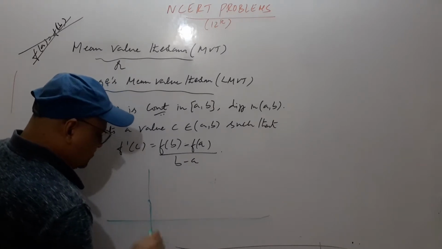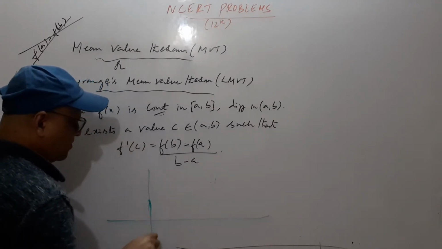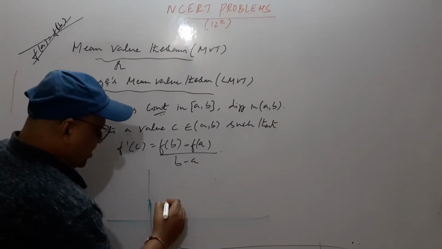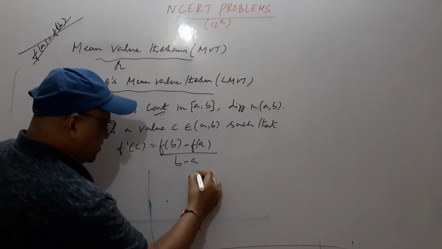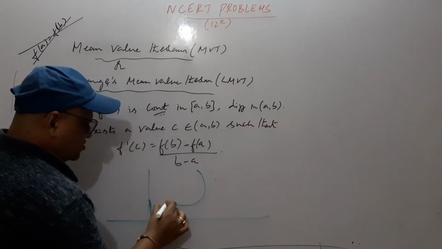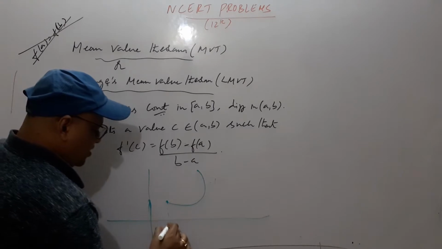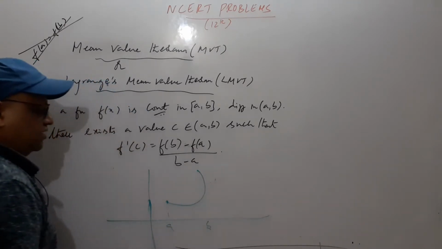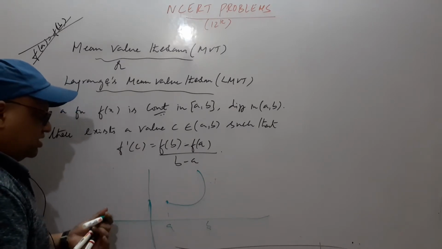Let us say this is your xy axis. A and b can be anywhere, does not matter. So let me take a here, let me take b here. So this is your a, this point is your b. Fair enough. Now what this states?